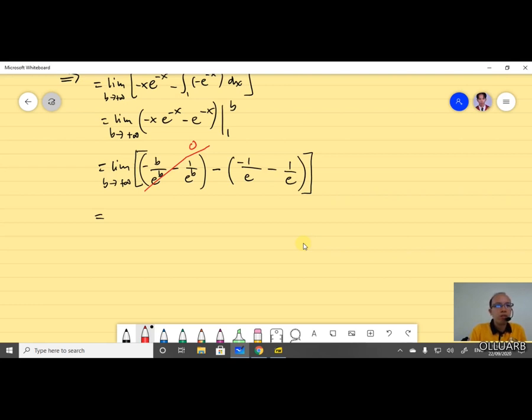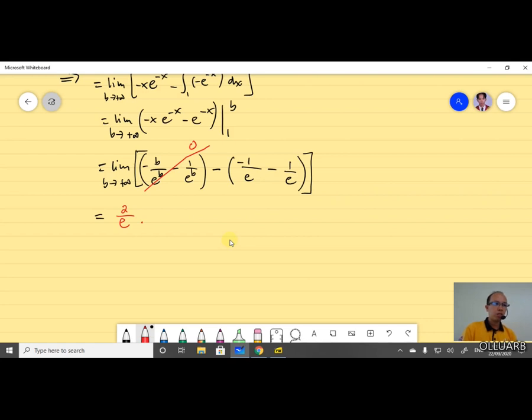So what is being left here is positive 2 over e, okay, this is positive 2 over e. So this is our final answer.